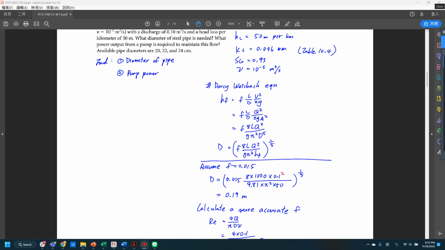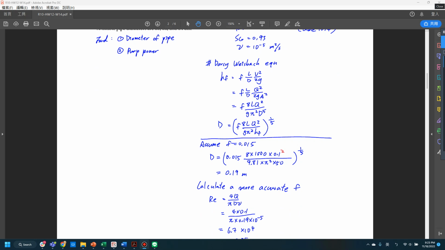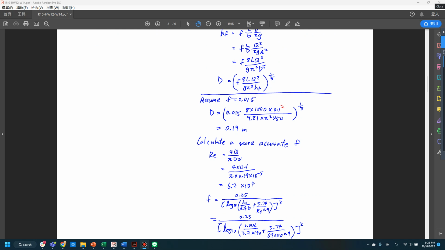Okay, so after that, you will get the diameter is equal to 0.19 meter. Then we want to see if this is accurate, so you can recalculate this factor f and compare with the previous iteration, to see whether these two f factors are close enough to each other.